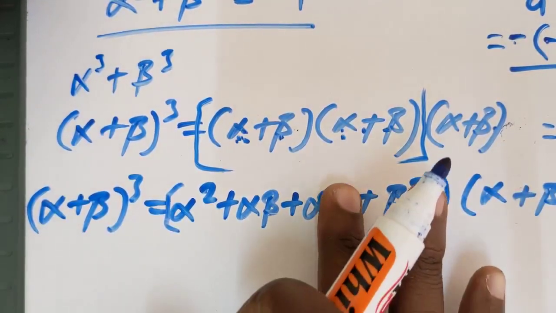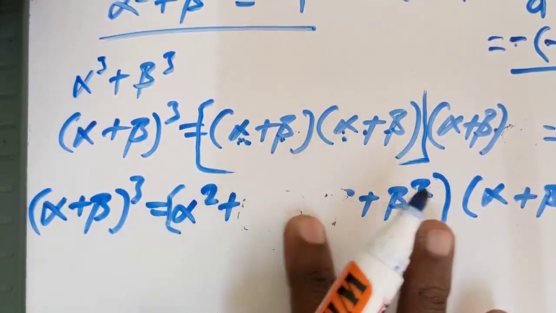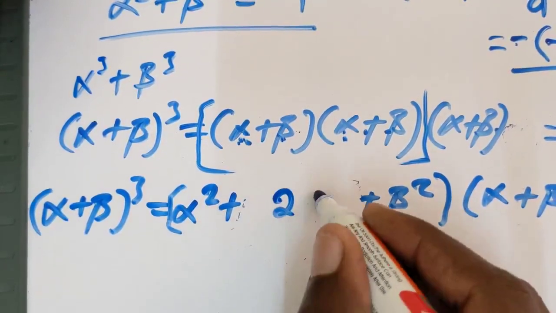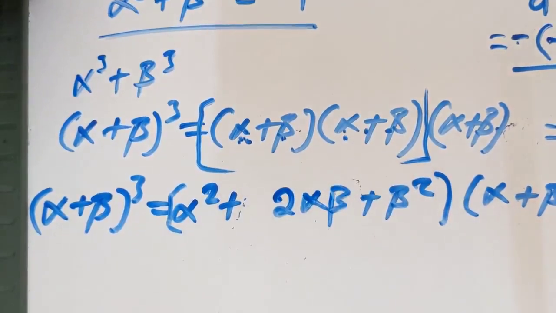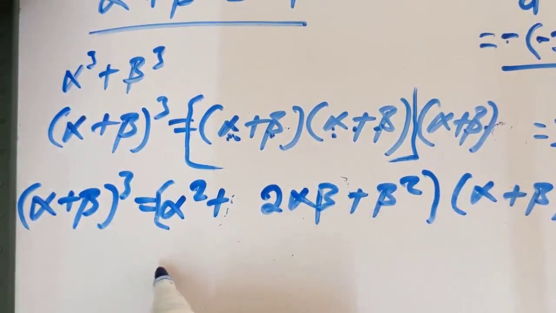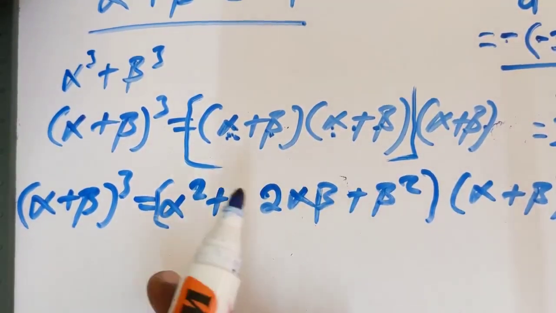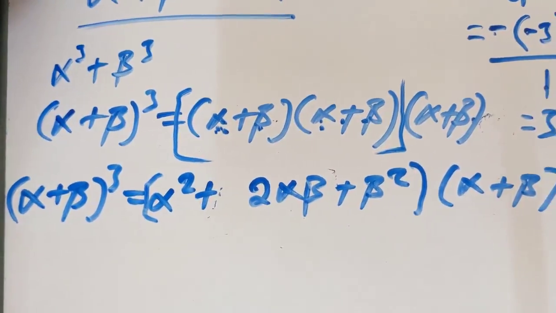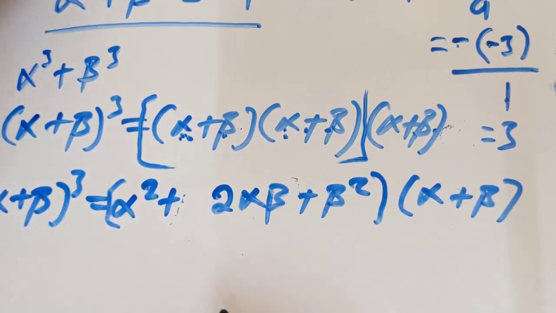But let's just do this to create more space, so we write plus 2 alpha beta. I was supposed to write it here, but I just want to write it there. But for you, just write it there. I'm just trying to create more space and to save time.